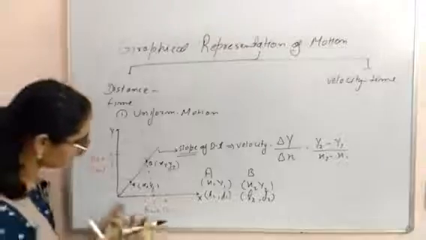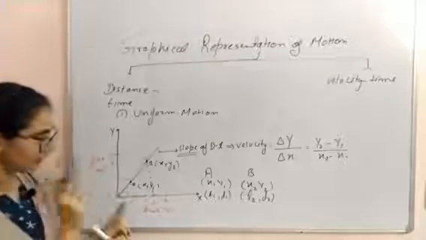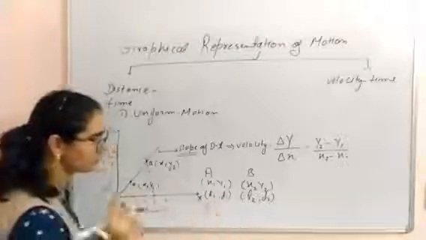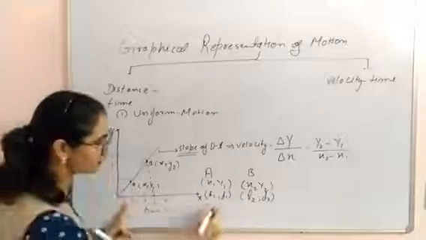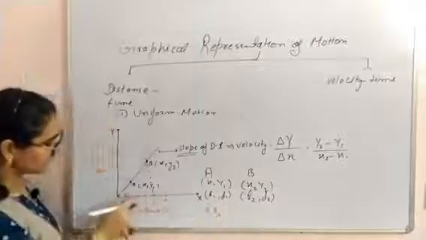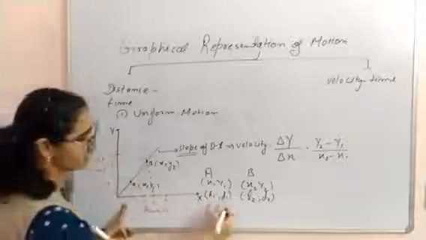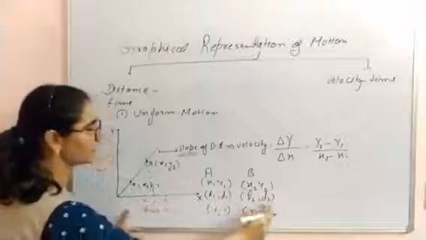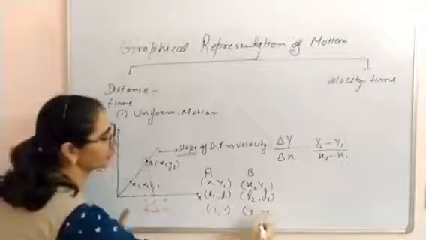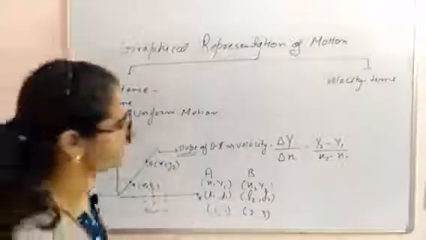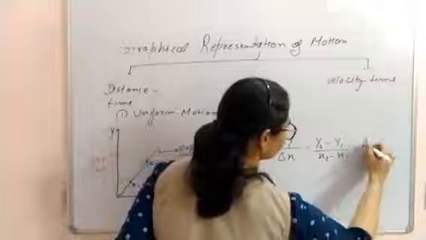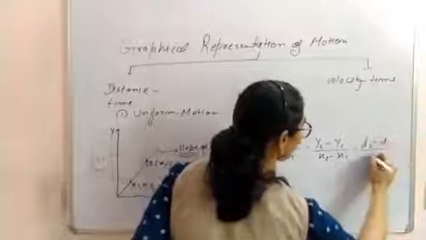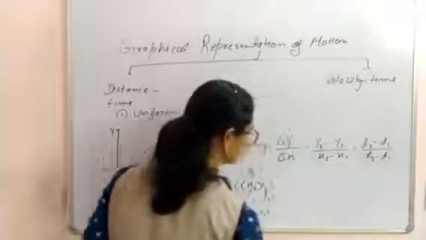So while I'm taking values on the x-axis, t1 is 1 and d1 is also 1. For t2 it is 3 and for d2 it is 3. Clear? Now we can put the values in: d2 minus d1 upon t2 minus t1.